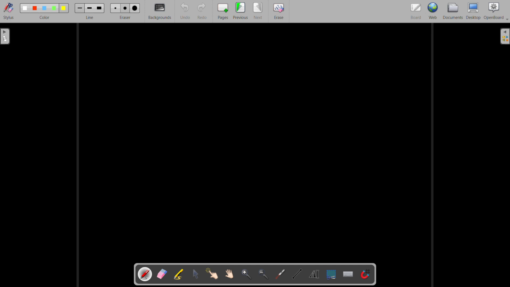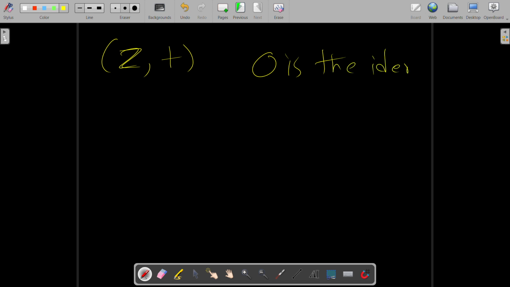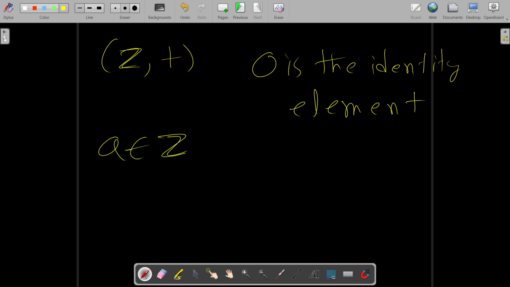Let me give an example so it will be more clear. For the set of all integers under binary addition, 0 is the identity element, because if we take any arbitrary element A belongs to Z and add 0 from the left hand side or right hand side, it will return back that integer.